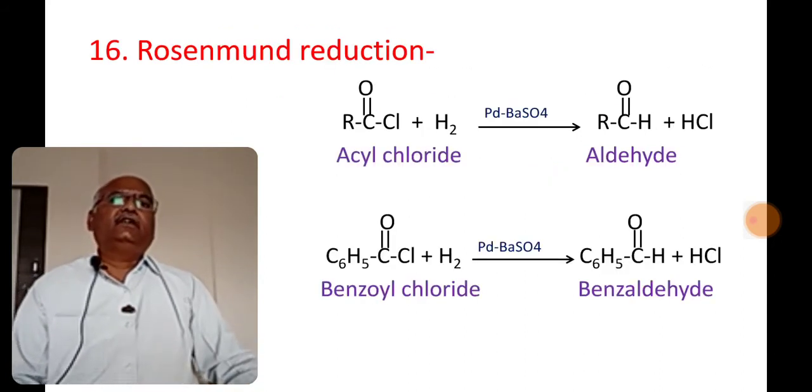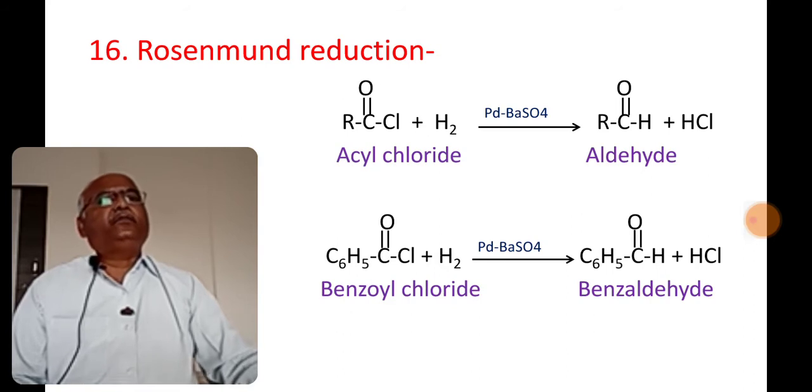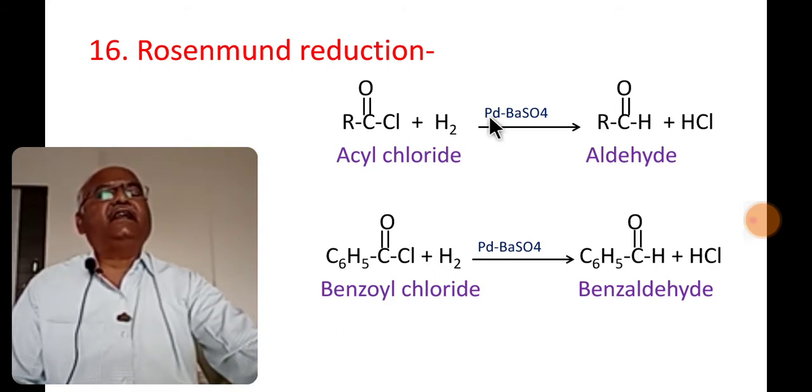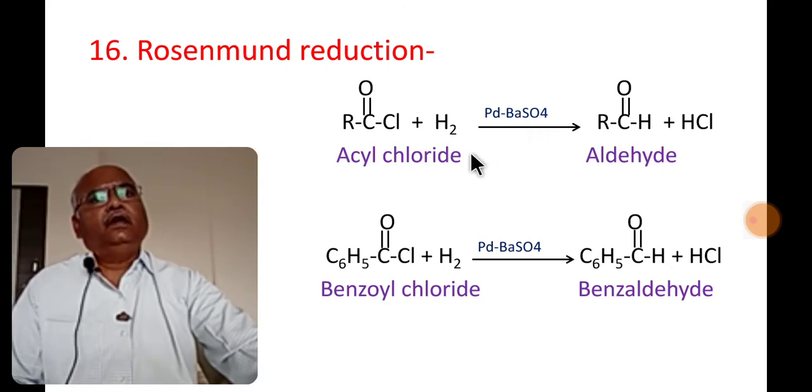Next reaction, reaction number 16, Rosenmund reduction. Acyl chloride is reduced with hydrogen in presence of palladium catalyst poisoned with barium sulfate.